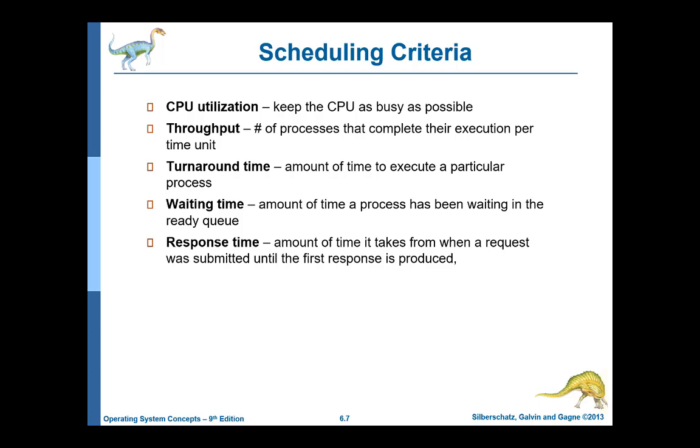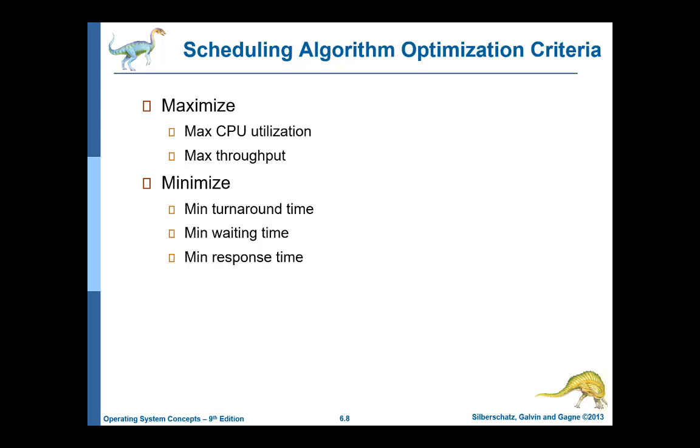So the first 2, which are CPU utilization and throughput, we are going to maximize them. Maximum CPU utilization, maximum throughput, and the turnaround, waiting and response times, we want to minimize them. Minimum turnaround time, minimum waiting time, and minimum response time.